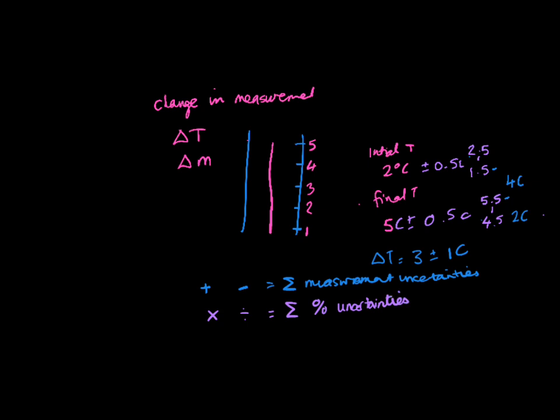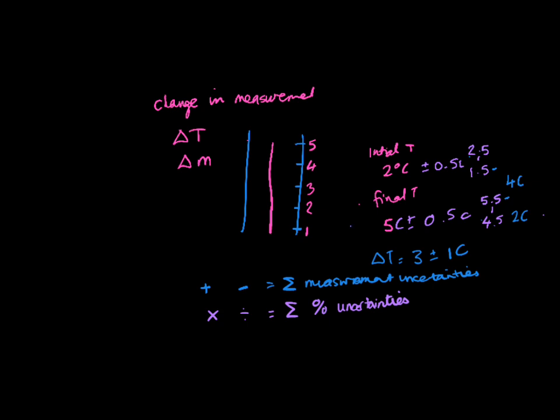I'm going to add a caveat here. Please be careful with pH, because that is a logarithmic scale. So when you're using that, there's a special equation for it. And if you're doing exponentials, the calculation is different again.